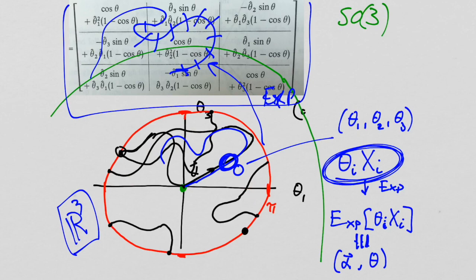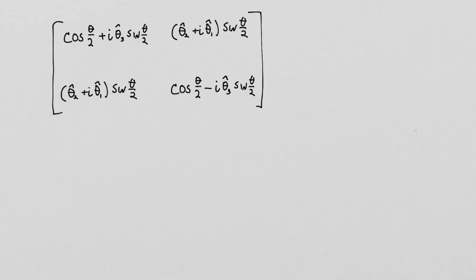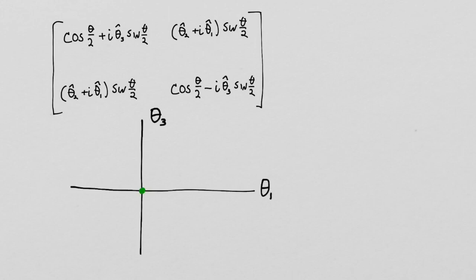All right, so let's look at SU2 now. So we're going to do the same thing. We're going to have a look at our coordinate space, and we are going to start off in some direction alpha. And then we're going to say, well, first of all, we know that this 0 here, the 0 of the coordinate space, or the 0 of the algebra, to use the other terminology, better correspond to the unit matrix.